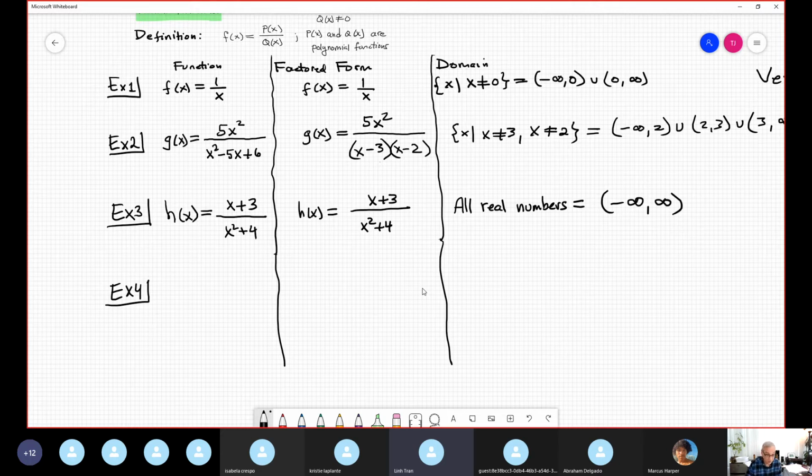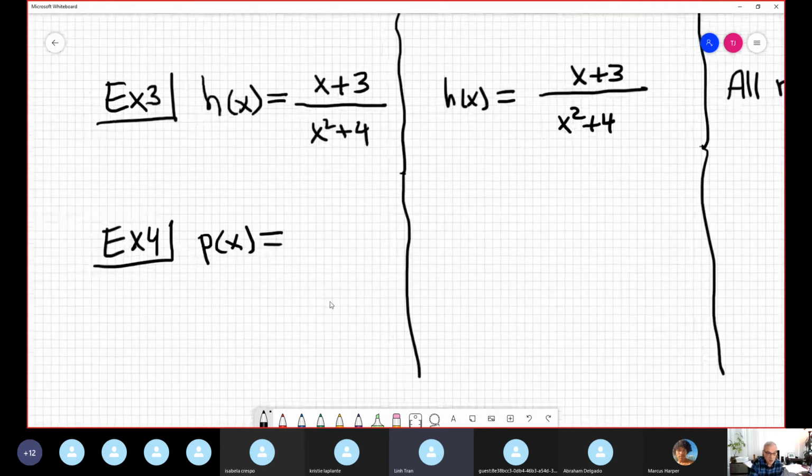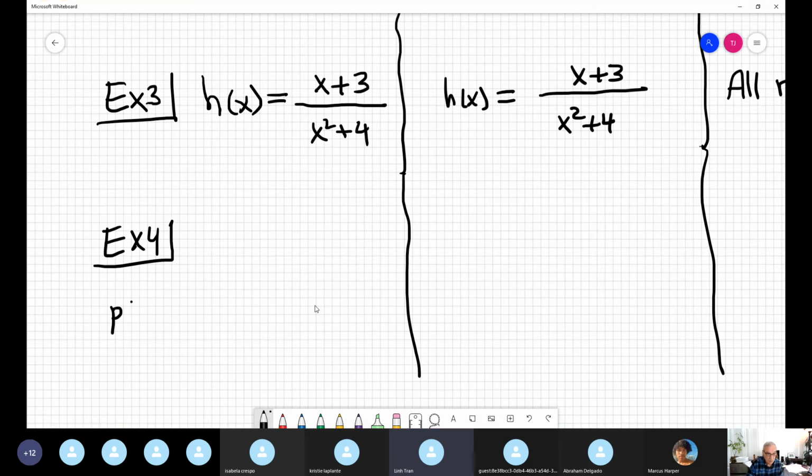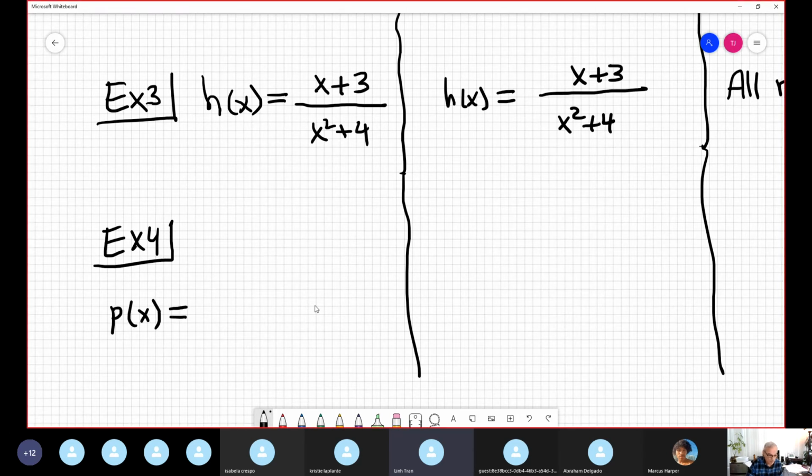Okay, so the example for the introduction part is P of x equal, let me copy here, not here, because I need more space. P of x is equal to x squared minus 11x plus 30 divided by x squared minus 9x plus 18.